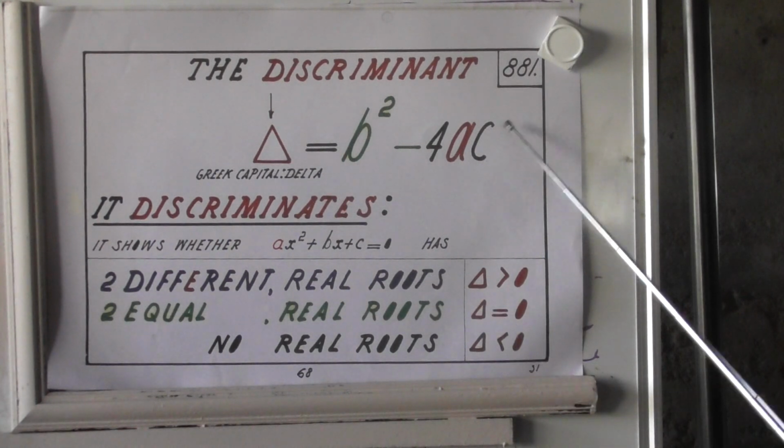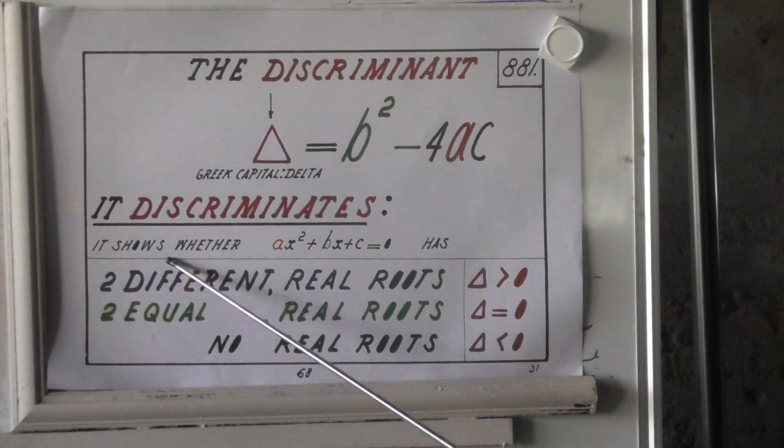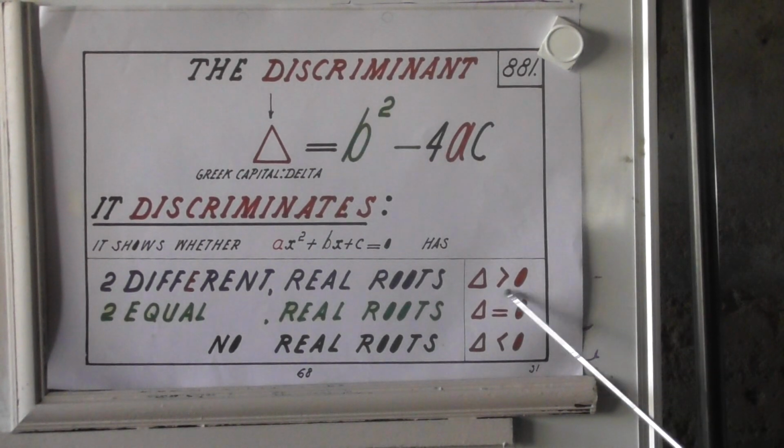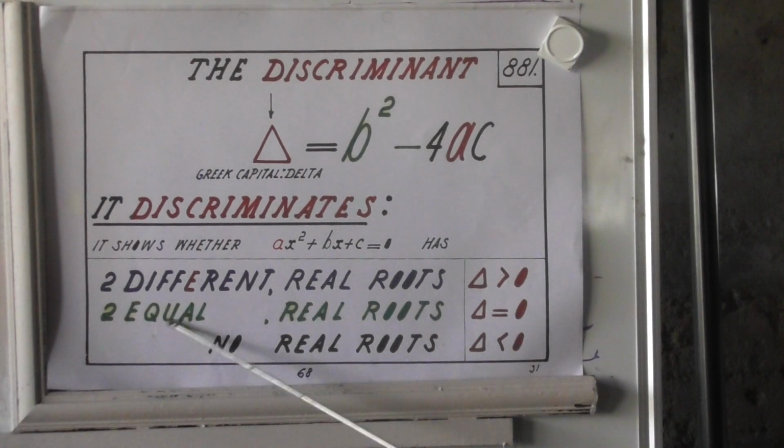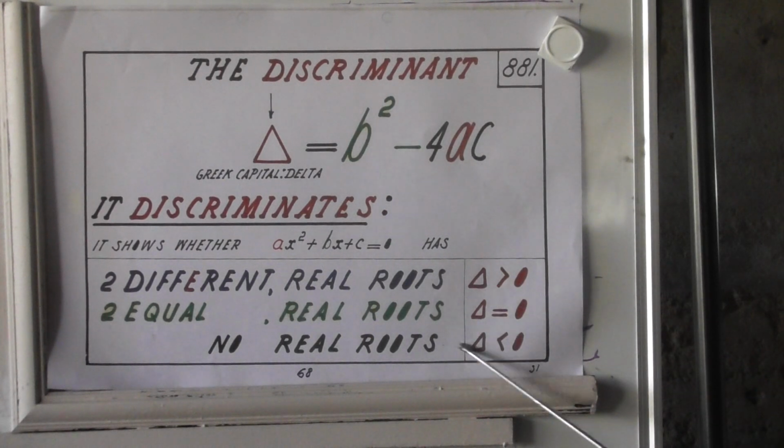If delta is positive, then we have two different roots. If this part is naught, we have two equal roots. And if this part is negative, there are no roots, there are no answers. No real roots.